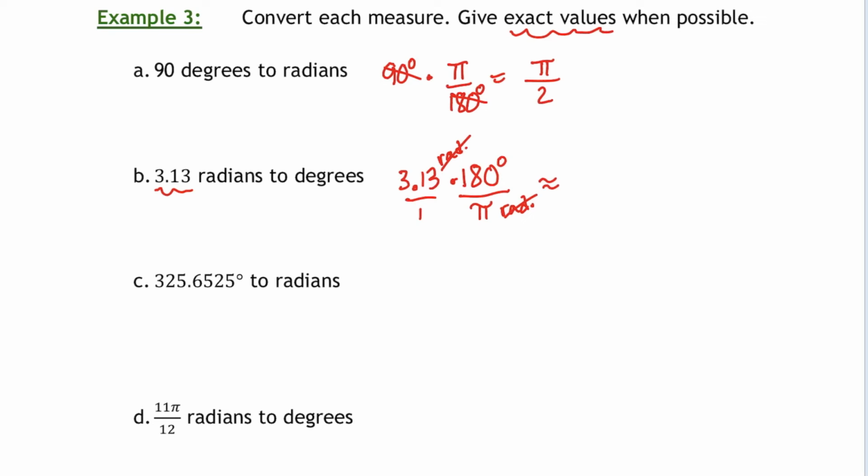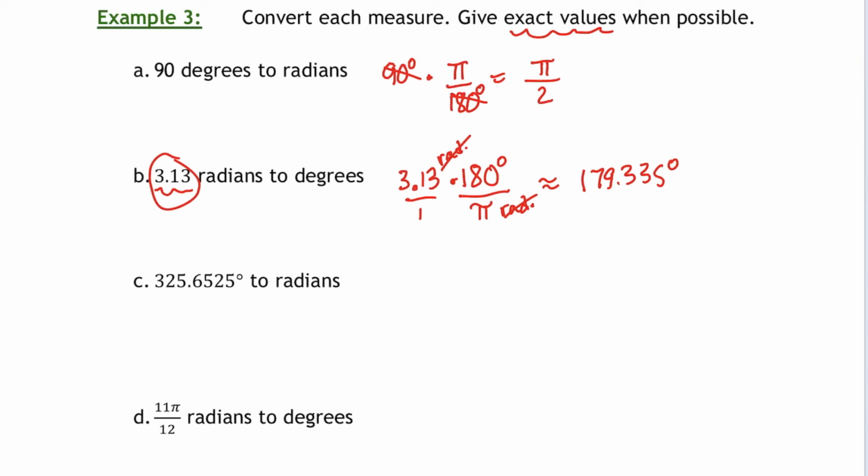I don't really want whatever 3.13 times 180 is over pi. That's just a messy decimal anyway. So I'm just going to type the whole thing into my calculator and get 179.335 degrees approximately, which makes sense because 3.13 is really close to pi radians, and pi radians equals 180 degrees.